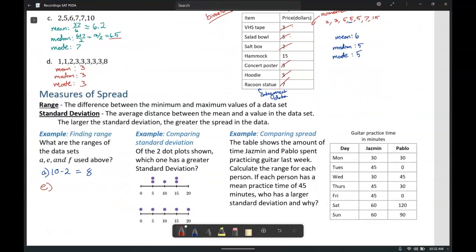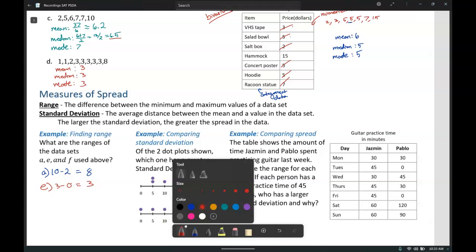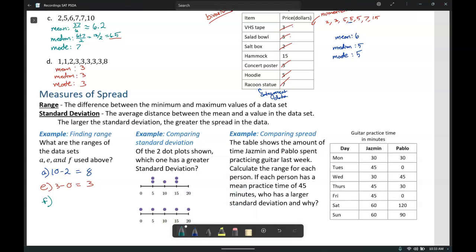So 3 minus 0 equals 3. And then let's take a look at F. We're going to be looking at the quantitative data, the numerical values, where we have a minimum value of 2 and a maximum value of 15. So 15 minus 2 equals 13. So we have the three ranges for those data sets.